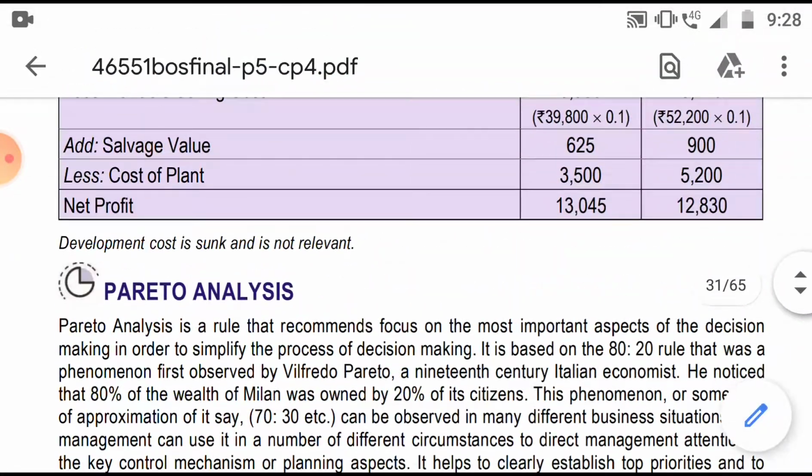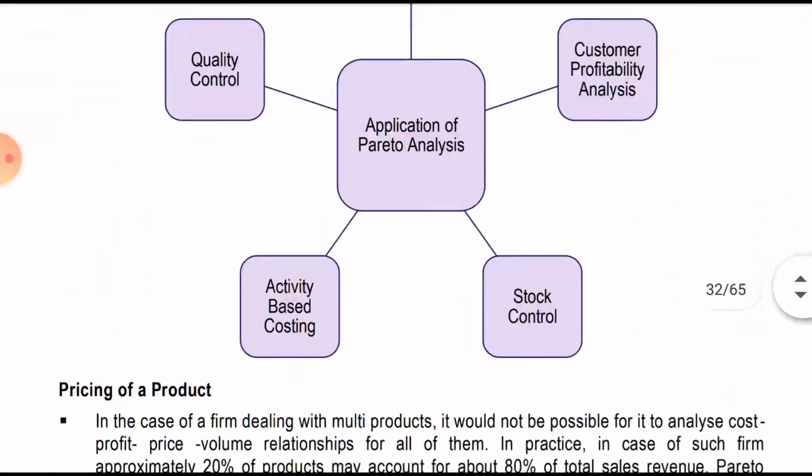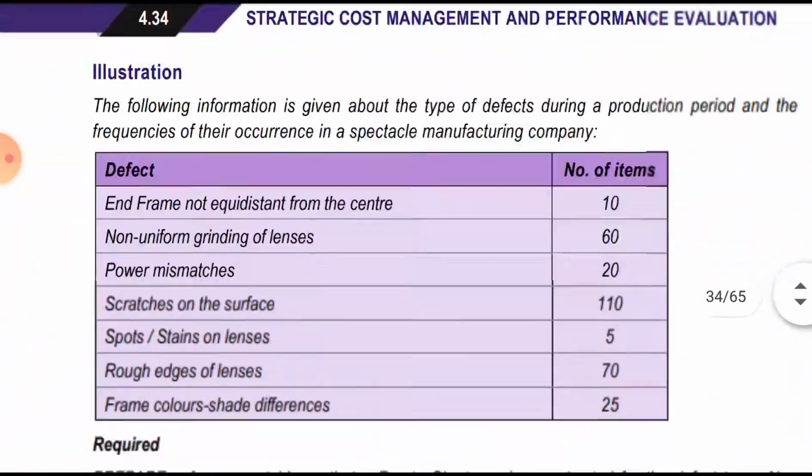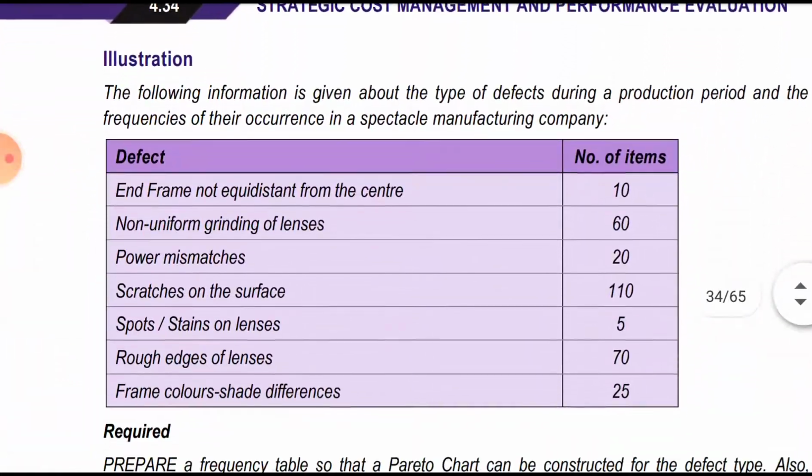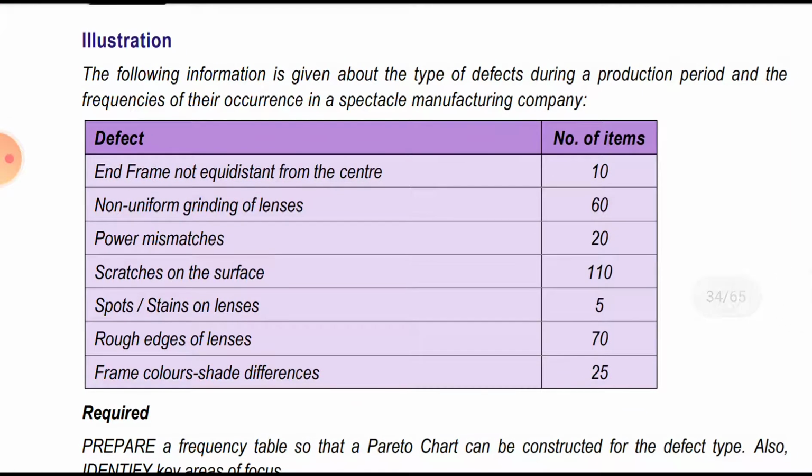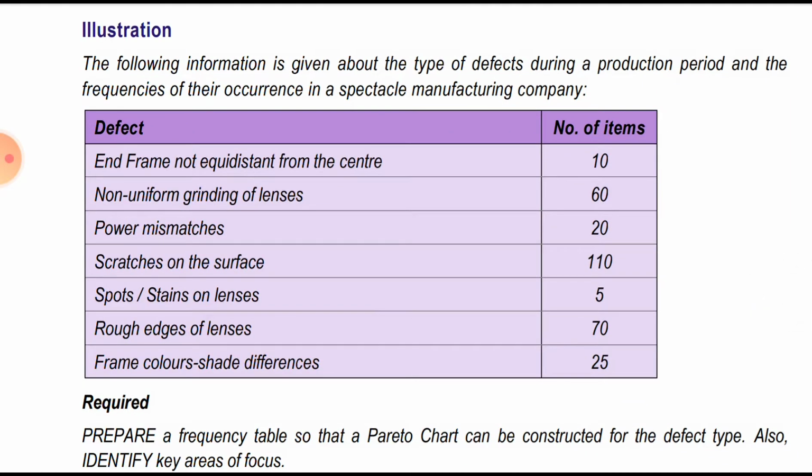Now there is a question on Pareto analysis, an illustration down below. The following information is given. This is also simple. The following information is given about the types of defects during the production period and the frequencies of their occurrence in a spectacle manufacturing company.